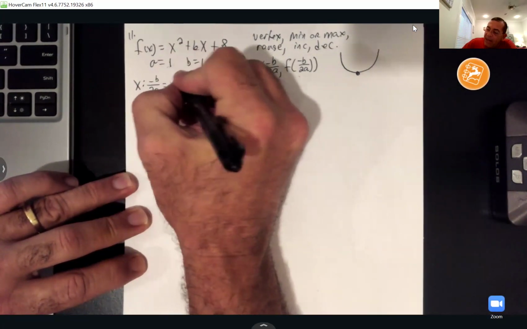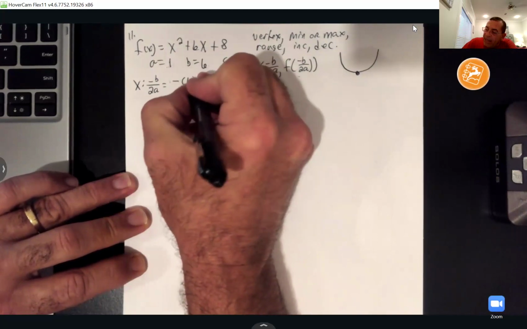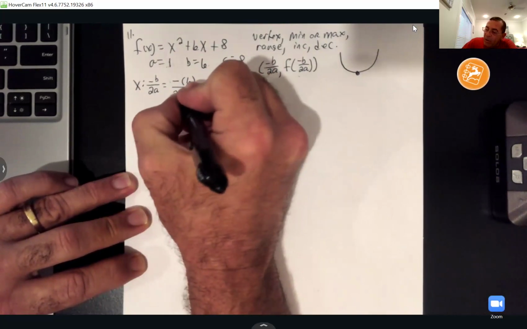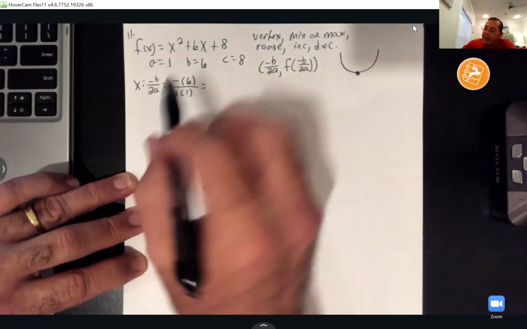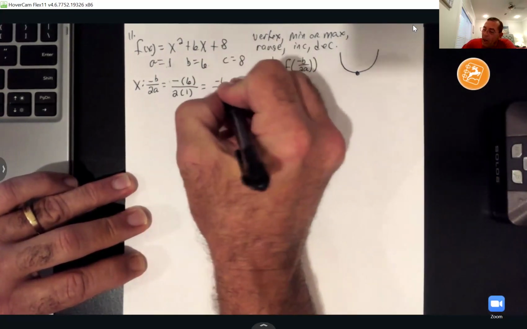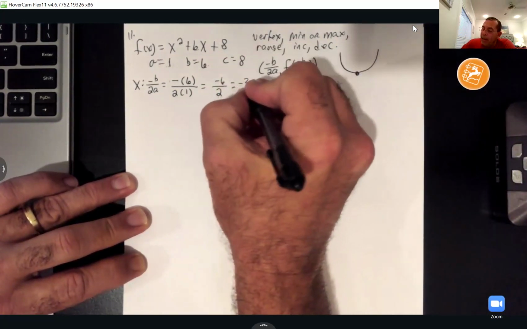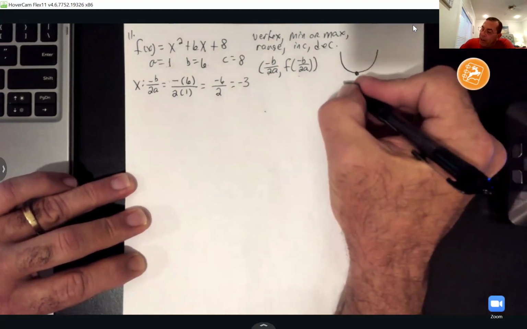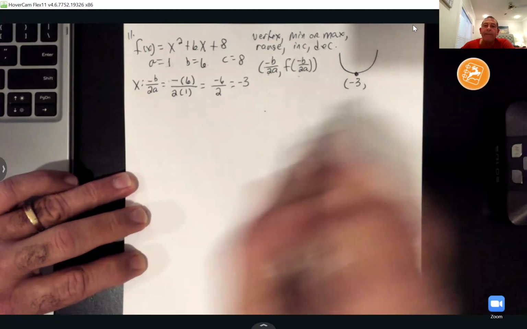Well, my b is positive, so I'm putting that in, and then 2 times 1. So that's going to make this a negative 6 on top over a positive 2, which gives me a negative 3. So I know my first x value is negative 3.